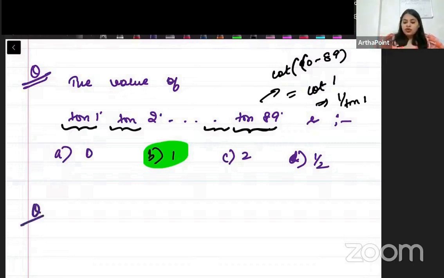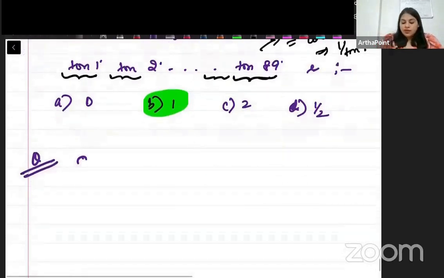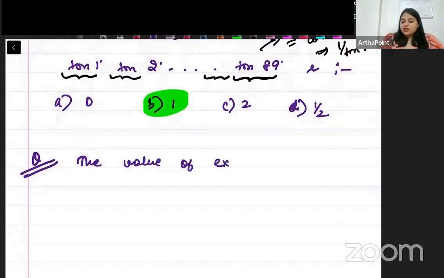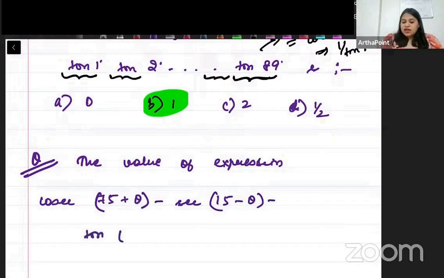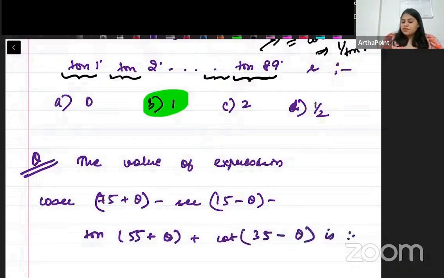One more question that I want you to try. The value of the expression cosec 75 plus theta minus sec 15 minus theta minus tan 55 plus theta plus cot 35 minus theta is.